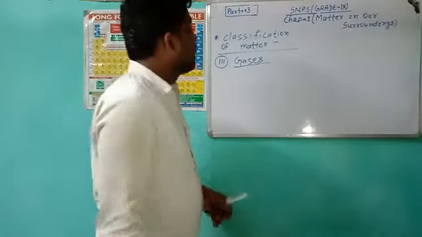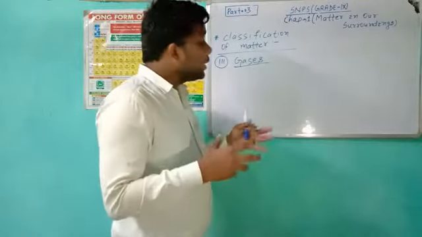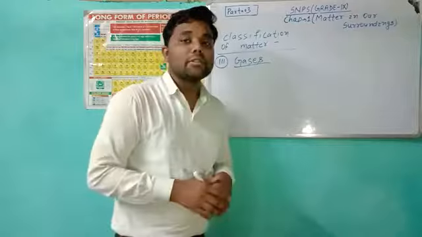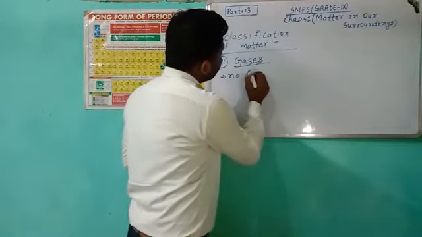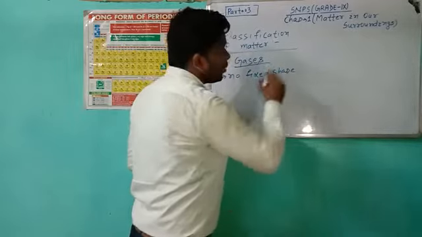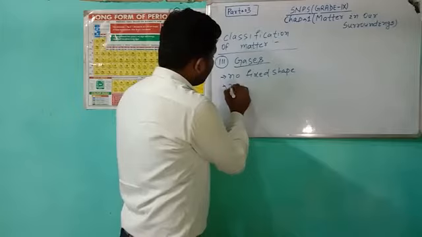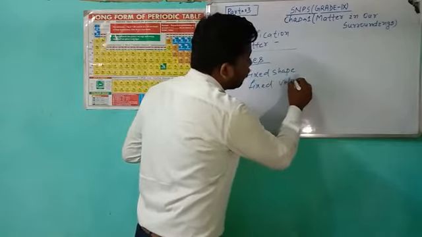Now, if we talk about gases, they have some properties, in which the first one is, they have no fixed shape and no fixed volume. Why?